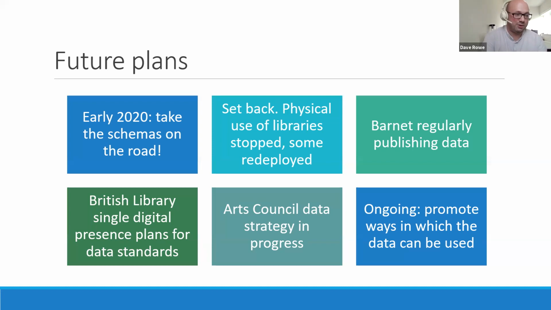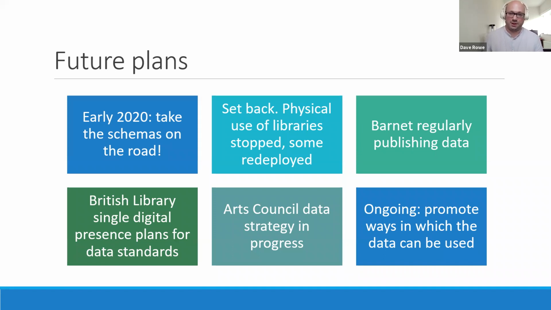I remember, I think it was in February or March, I was doing a presentation to Libraries Connected, so a lot of heads of services, talking about the data schemas, and things happened so amazingly fast. Within a couple of weeks, everyone was in lockdown and nothing was happening. So we had a setback, obviously, in terms of pushing these data schemas.